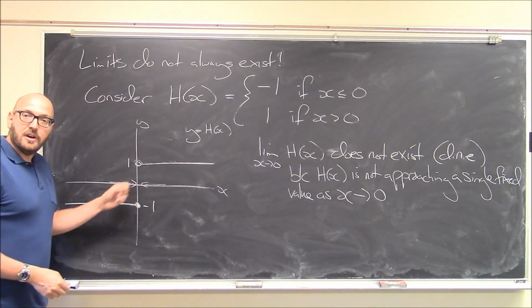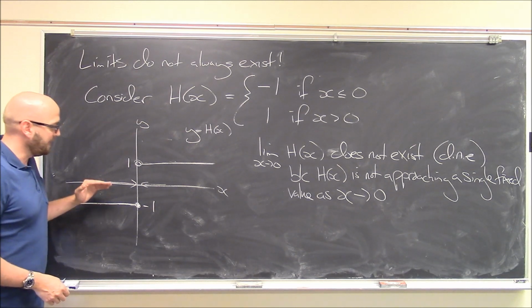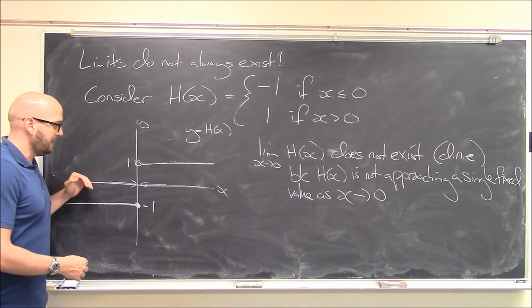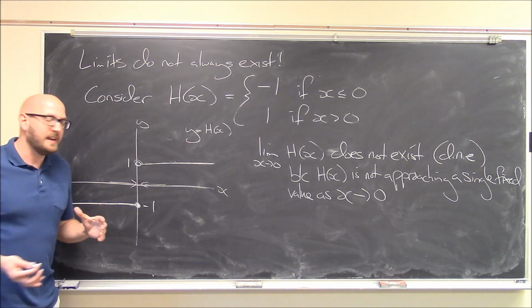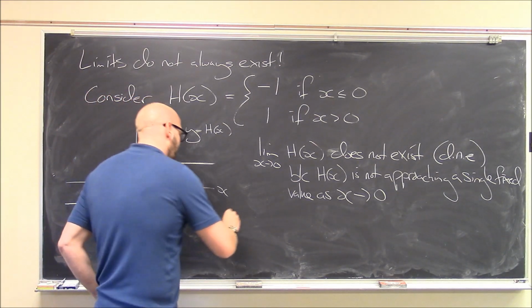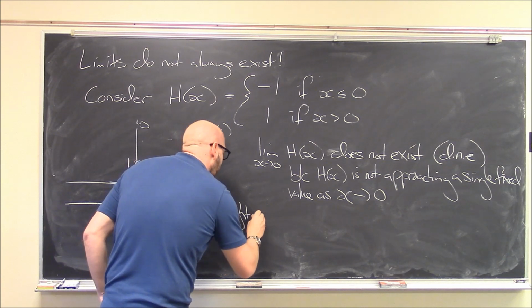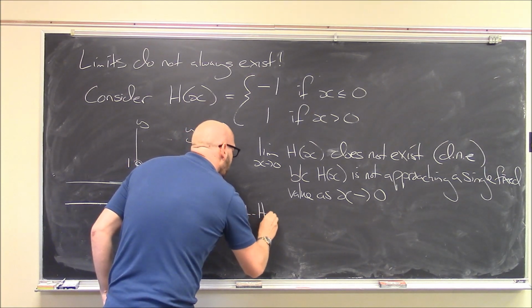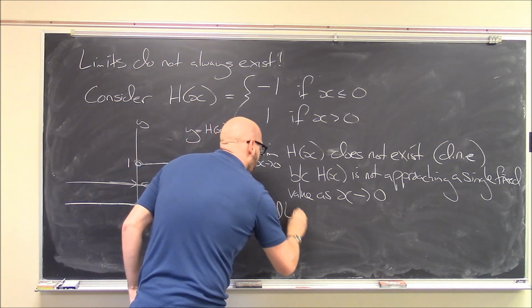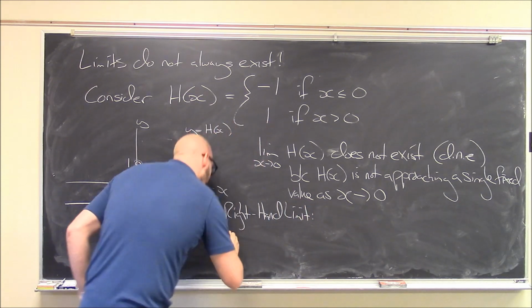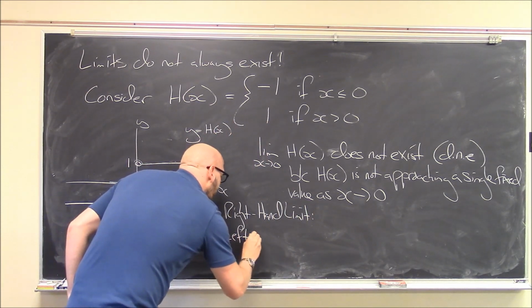However, what we've talked about here leads very naturally to the concept of a one-sided limit. So what we do have is right-hand limits. Sometimes it's interesting to talk about this. Right-hand limit and left-hand limits.